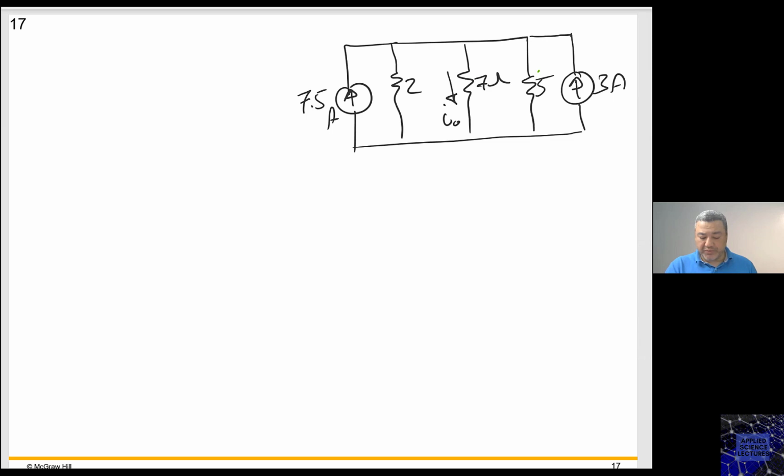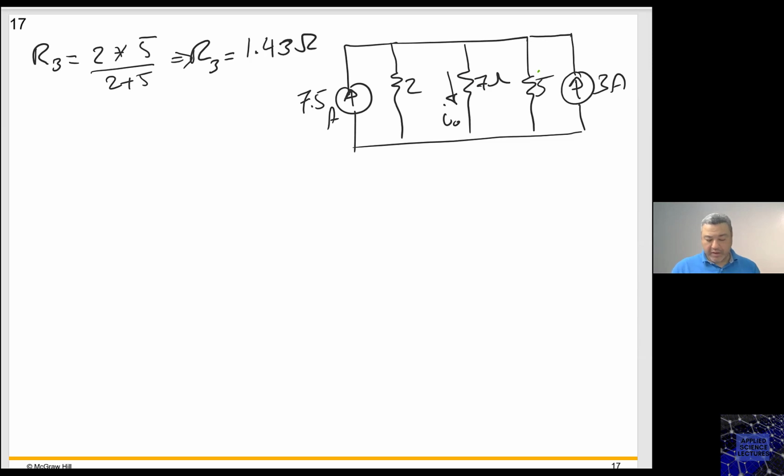So what you can do is, if you combine those 2 and 5, that's going to be R3, 2 times 5 over 2 plus 5, 10 over 7, 1.4286 ohm, and the 3 and the 7.5 are also connected in parallel.